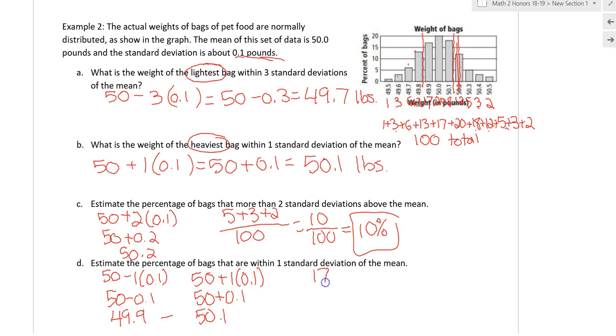So I have 17 plus 20 plus 18, all over 100. Sorry, this is an 18. Which is 20, 30, 40, 55.